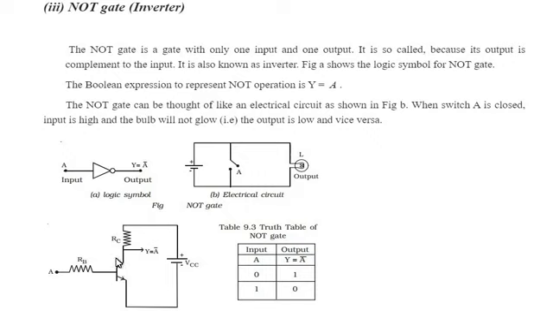Therefore, as the transistor is in cutoff, the output Y is high. Hence it is seen that whenever input is high, output is low and vice versa. The operation of the NOT gate is as shown in this truth table. Okay. So students, all of you got a clear idea about the OR gate, AND gate and NOT gate.